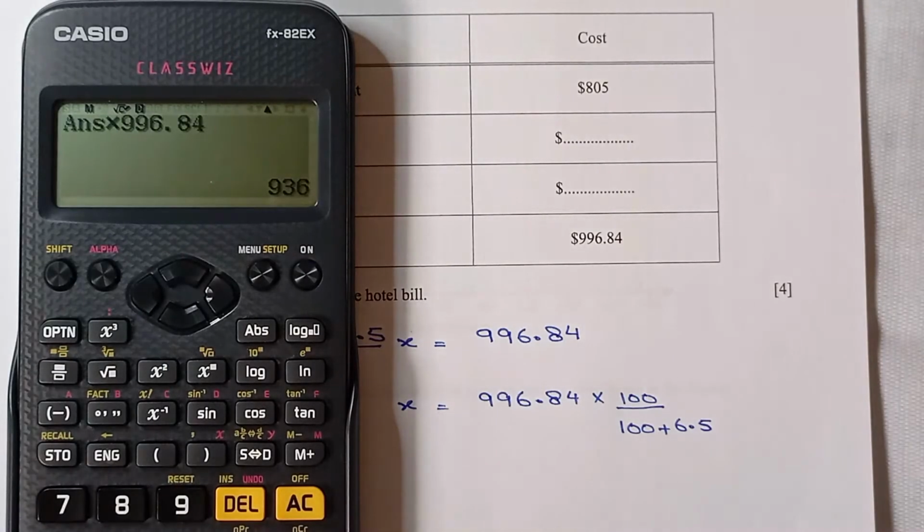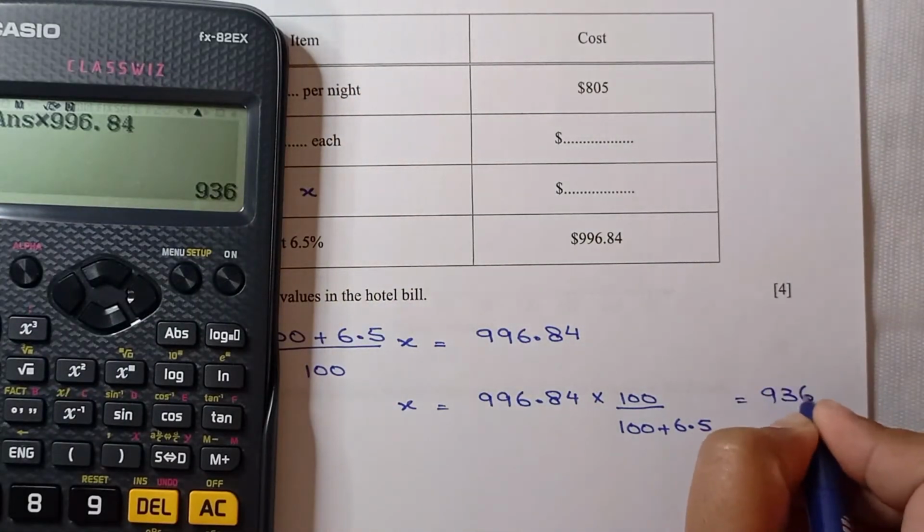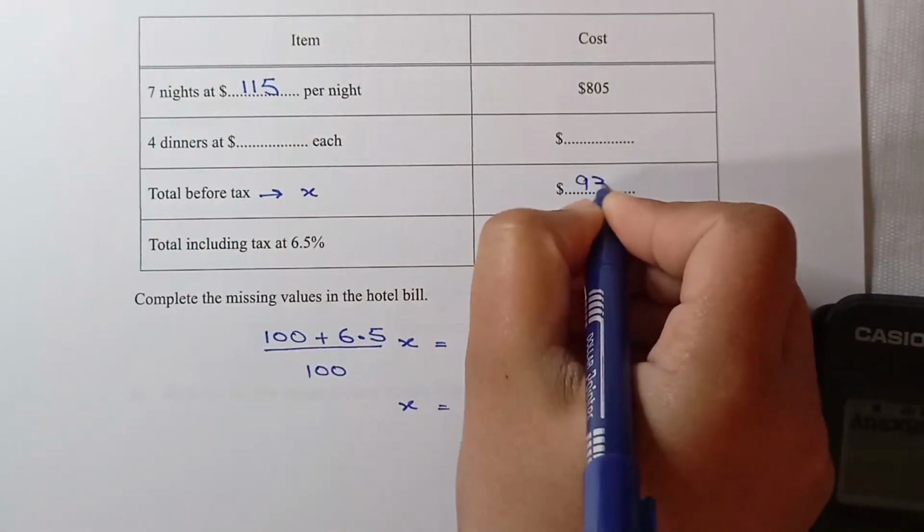So the X value is 936, the total before the tax.